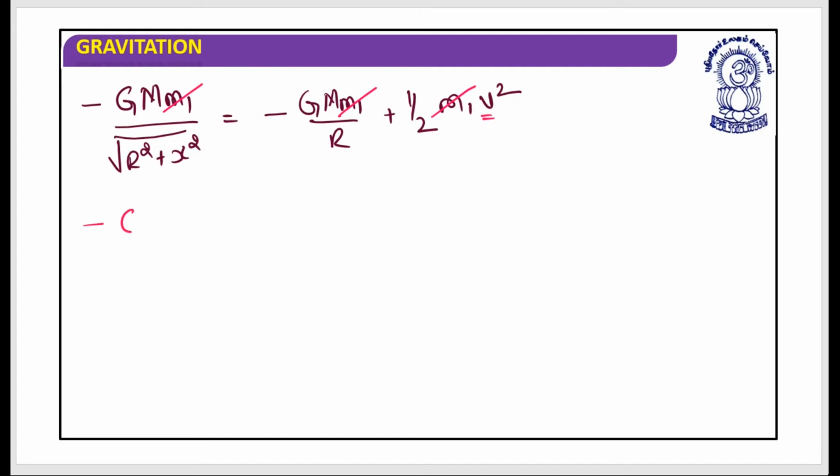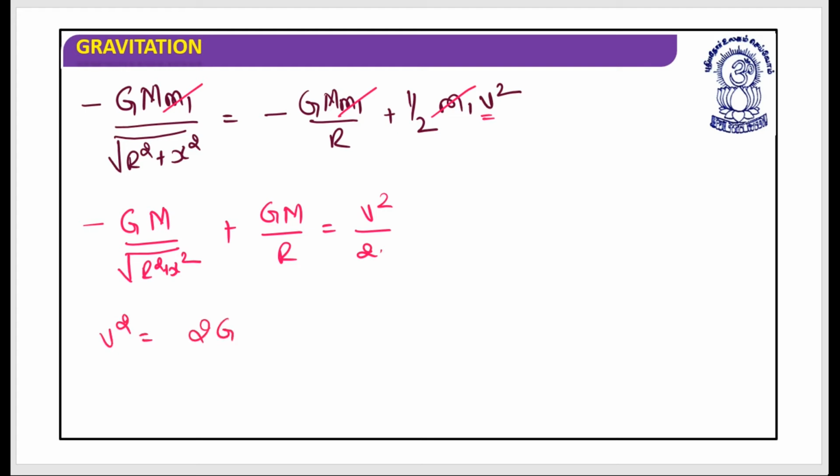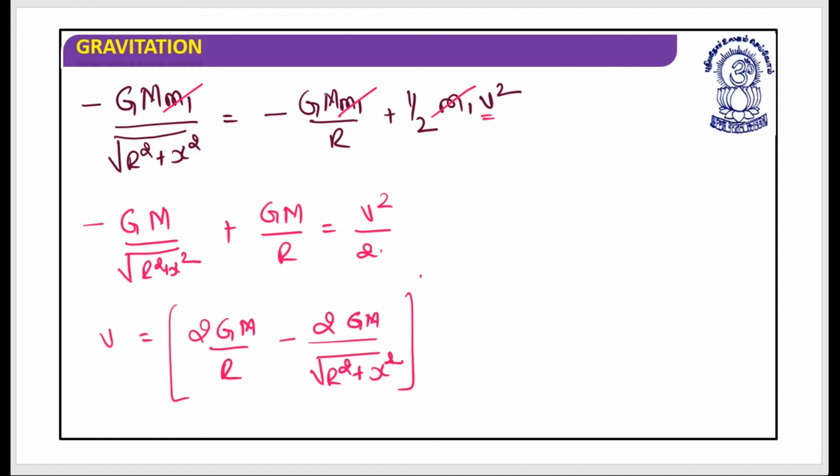So v square divided by 2 is equal to minus GM divided by root of r square plus x square plus GM divided by r. So v square is equal to 2GM by r minus 2GM divided by root of r square plus x square. And if I want v, I can write this in a square root. I hope this is clear.